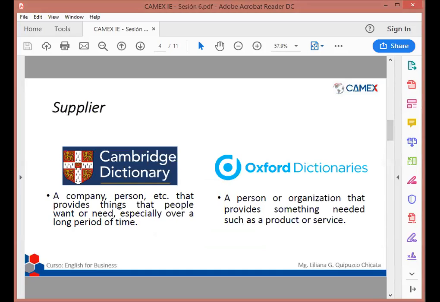So according to Cambridge Dictionary, a supplier is a person or a company or any other kind of organization that is going to provide, maybe sell, some products or services that another person or company needs, but for a long time.